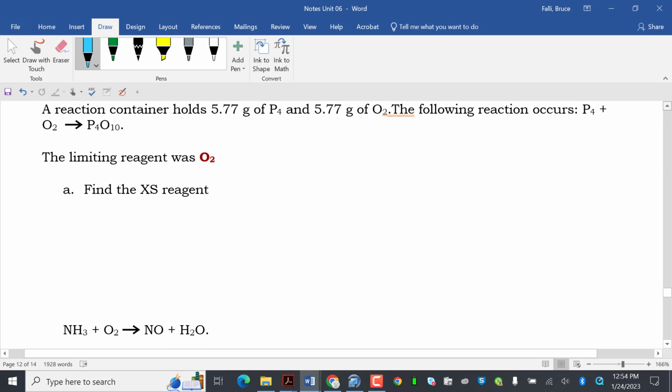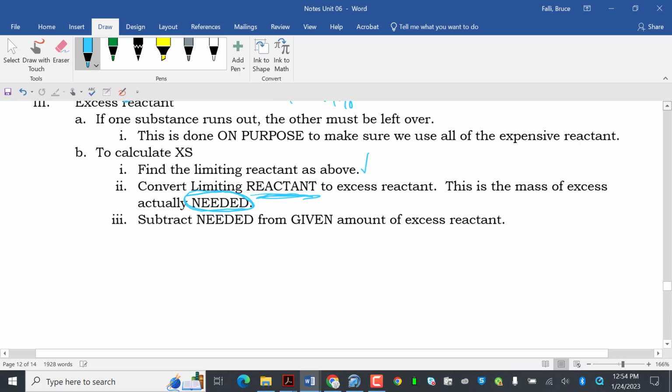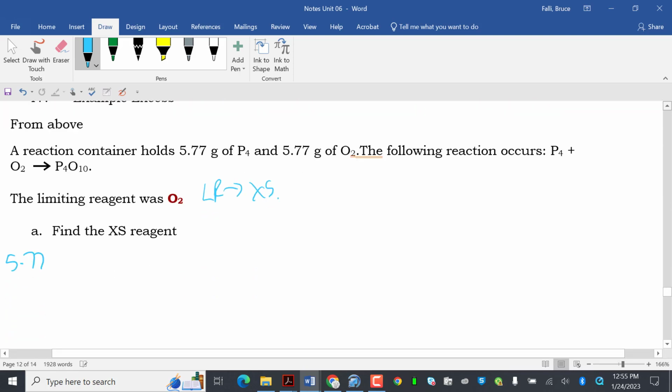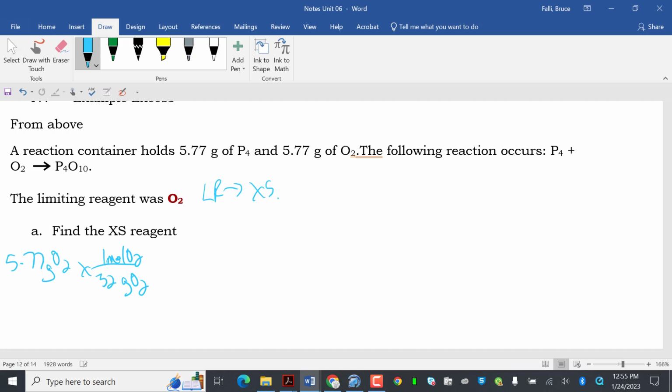What we found out before, the limiting reagent was O2. So I'm going to convert the limiting reagent into the excess reagent. Let me make sure O2 was what I had for my limiting reactant because I was worried about my math. Oh, it is. So 5.77 grams of O2 times, grams of O2, I'm going to go into moles of O2, and 32 grams of O2 in a mole times a dividing bar.